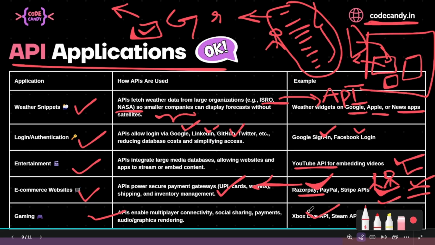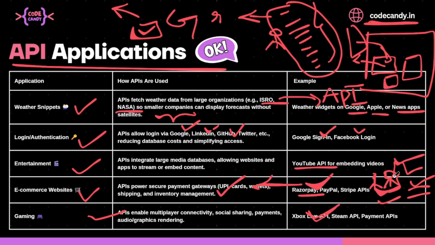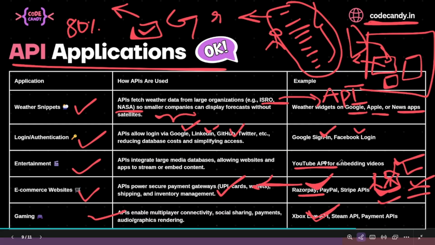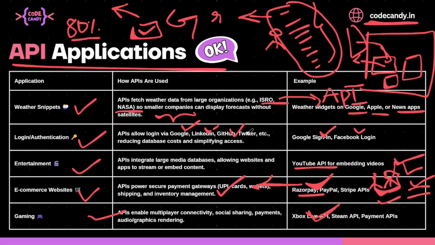You will just go to the Xbox API and use those pre-built APIs in your gaming apps, and you will almost cut off 80% risk in developing your websites or mobile applications. You will be cutting this 80% effort and risk.